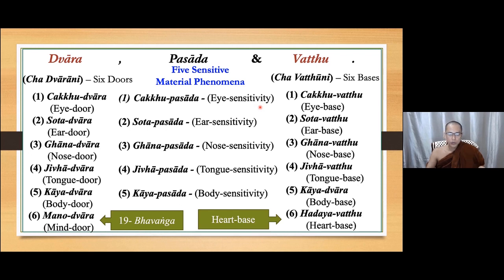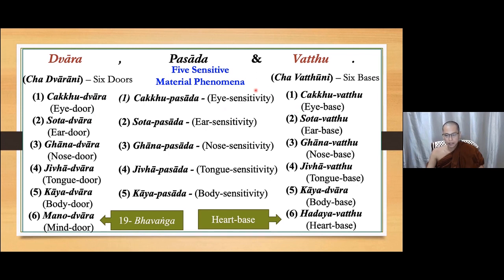So when we use the word door, taking the example of a two-wheel, the consciousness and mental factors go out or the object comes in. At that moment, we use the word door in reference to the eye sensitivity, the eye door.